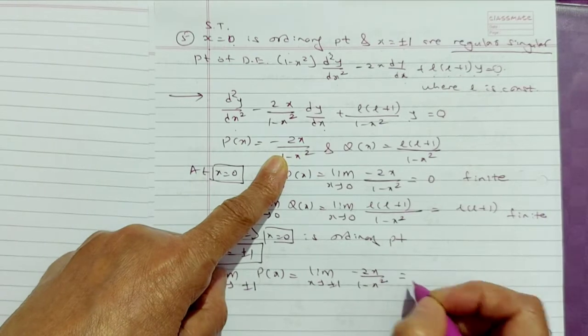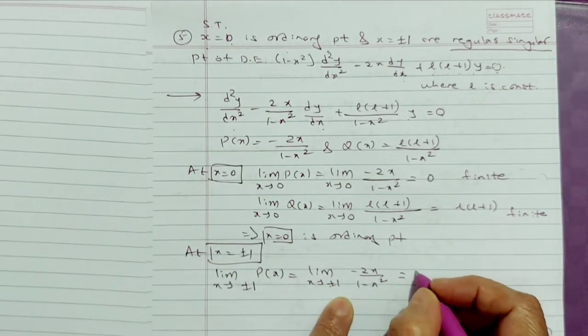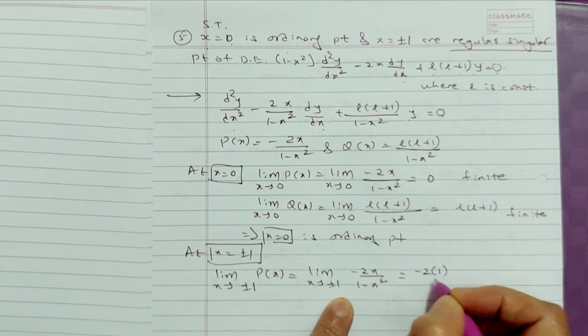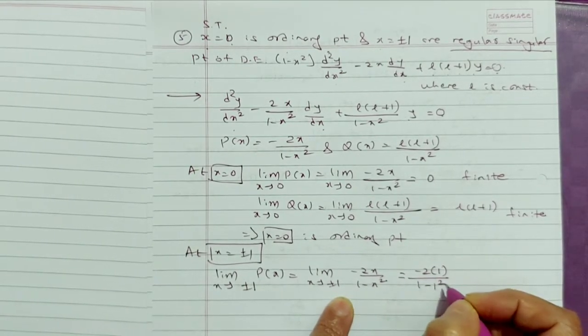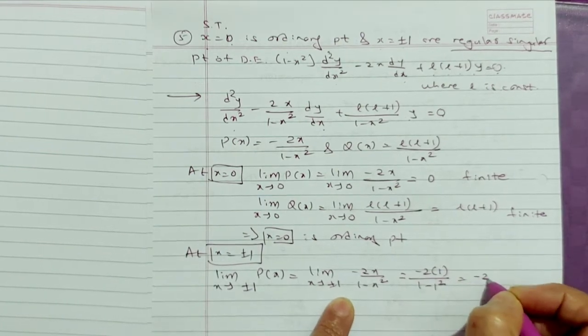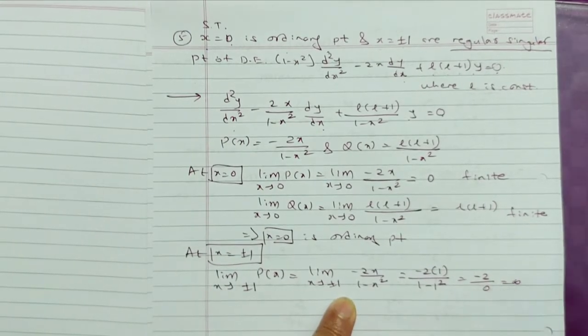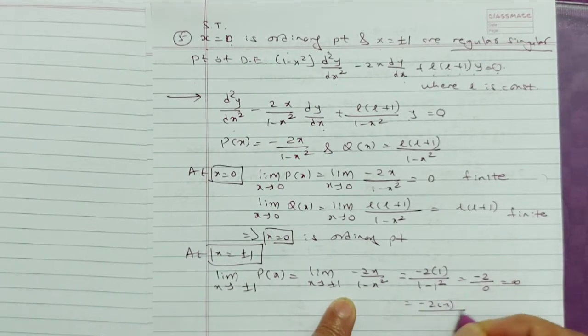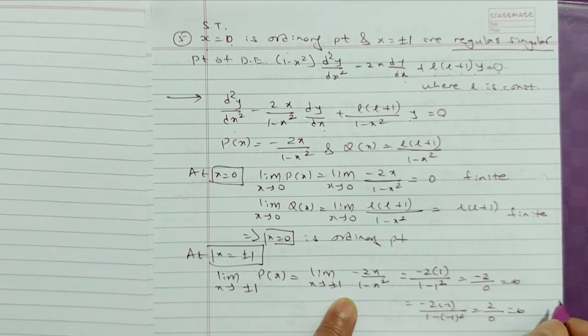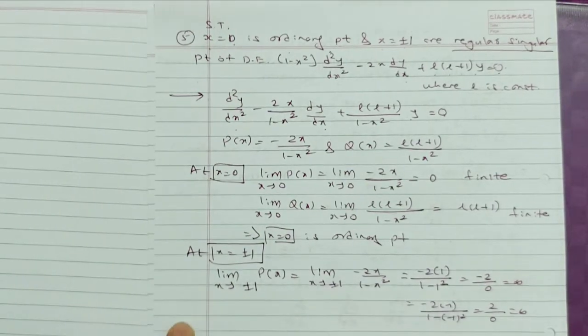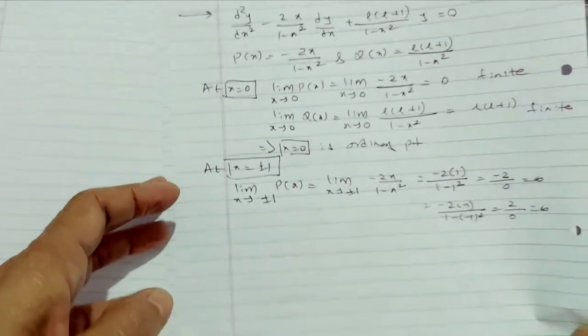Suppose I say minus 2 into plus 1 divided by 1 minus 1 square. First I put x is equal to 1. How much will this be? Minus 2, and 1 minus 1 will be 0, so which is infinity. Even if I take minus 1, what will happen? Minus 2 into minus 1 divided by 1 minus minus 1 square. So this is also 2 by 0, which will be infinity. This is infinite. Same way we will get for q of x also.